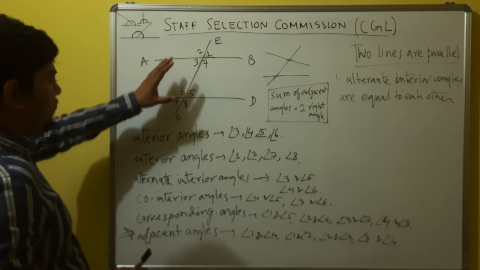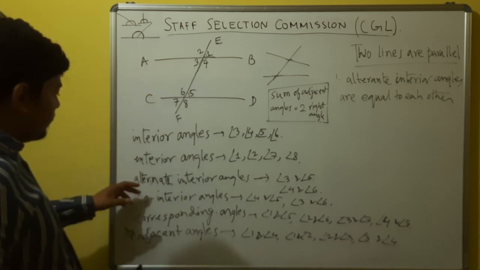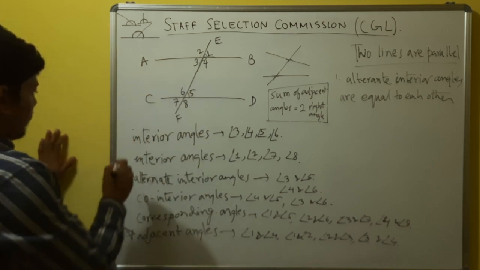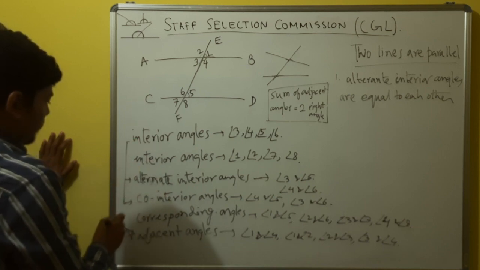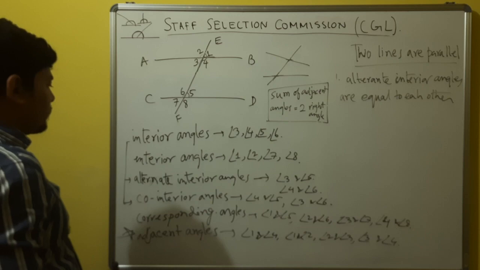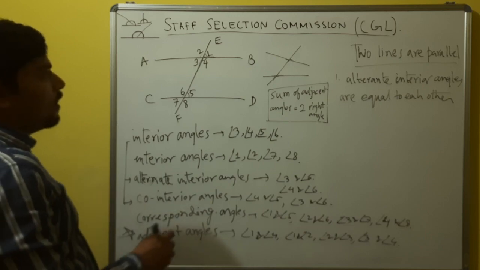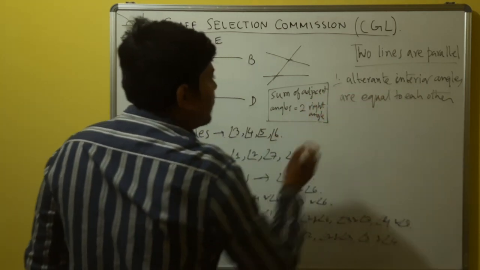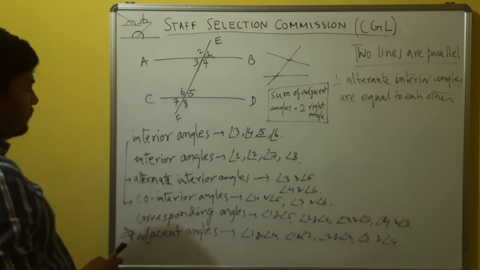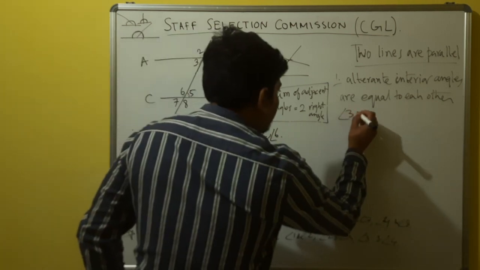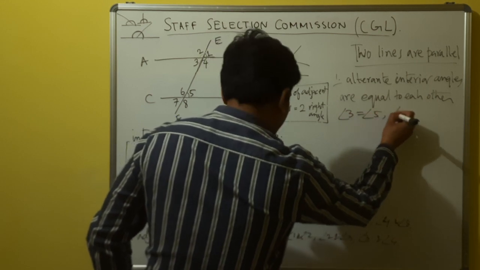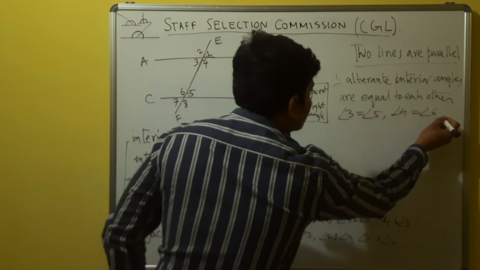There is no separate property for interior angles, because alternate and co-interior are actually part of interior angles. So, one property: the alternate interior angles are equal to each other. Alternate interior angle 3 equals 5 and 4 equals 6.